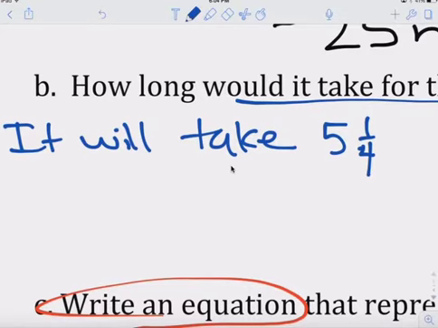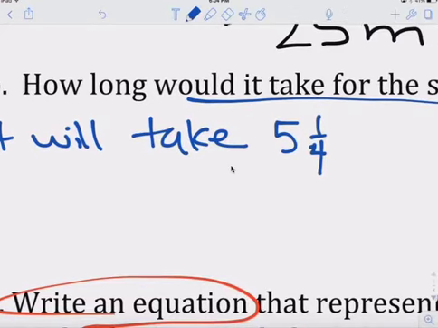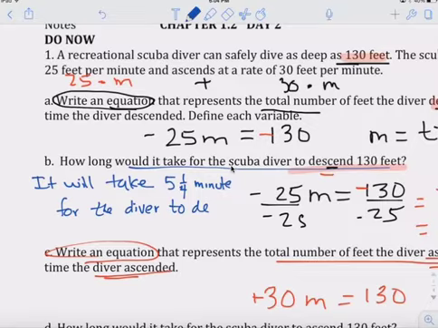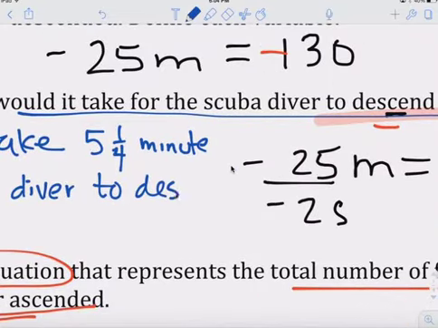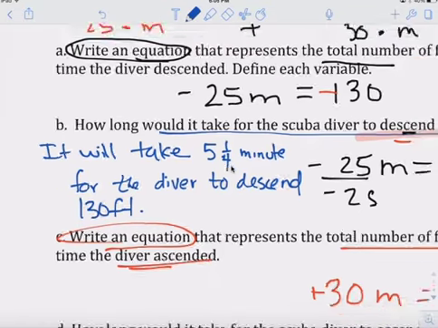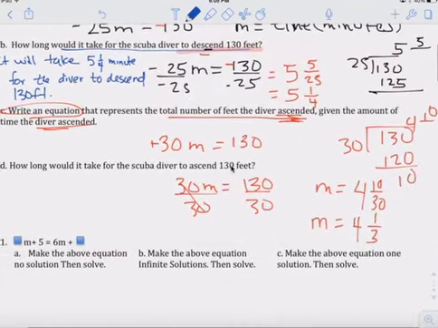It will take 5 1/4 minutes for the diver to descend 130 feet. Period. Alrighty.